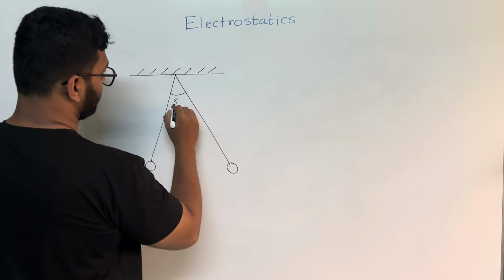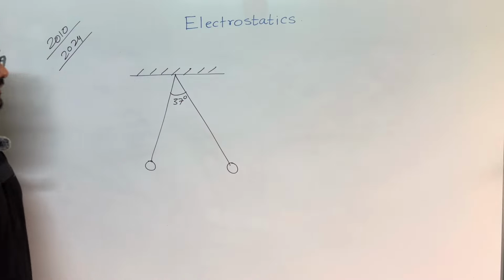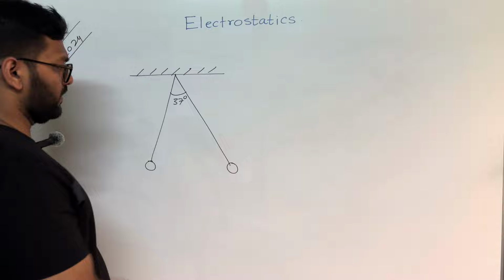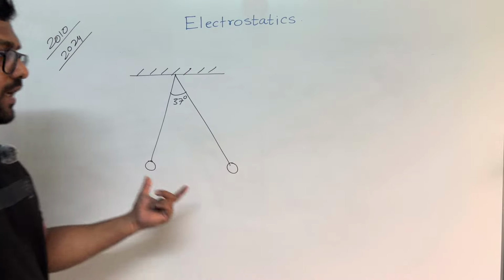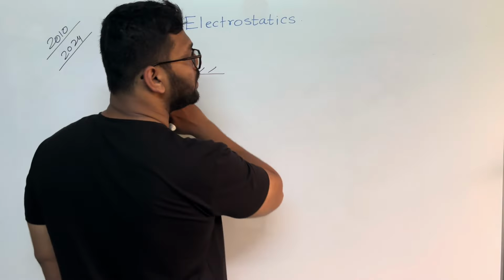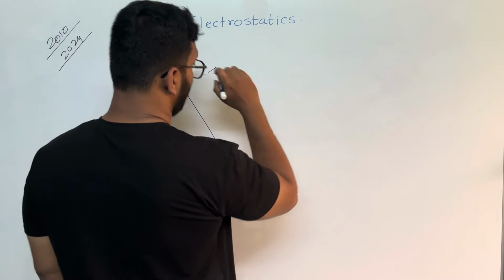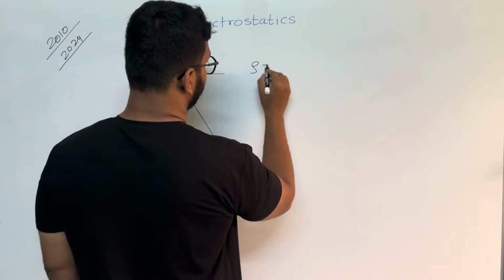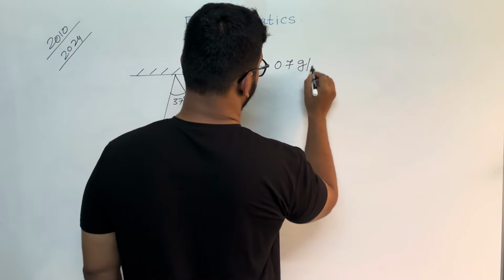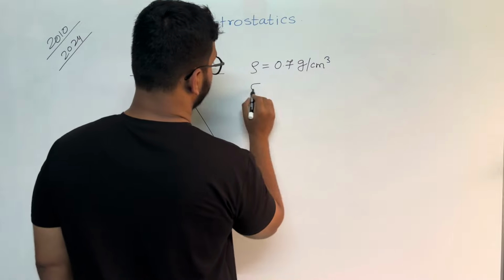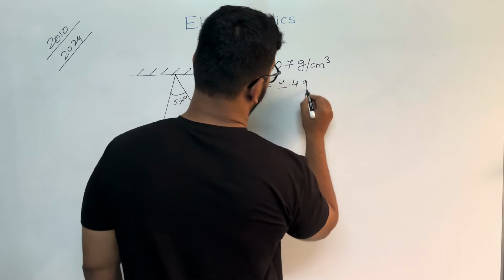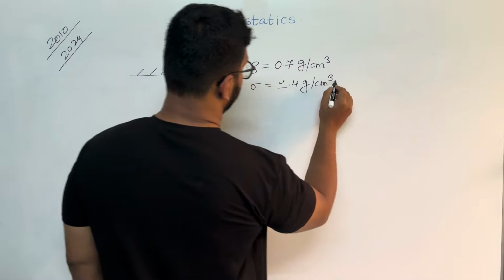The angle the strings make with each other is 37 degrees. This whole apparatus is made to go in a liquid of density rho, which is equal to 0.7 gram per centimeter cube, and the sigma, that is the density of these spheres, is 1.4 gram per centimeter cube, right?